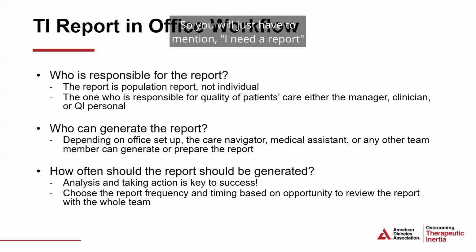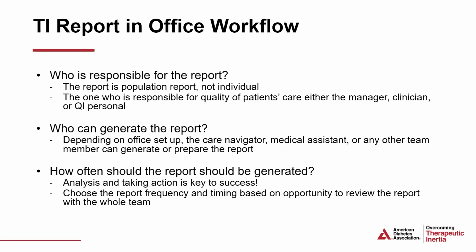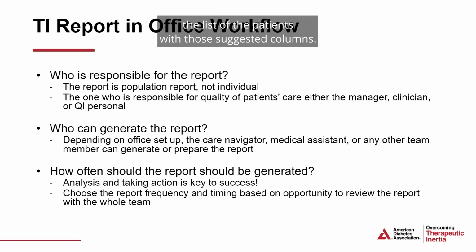You will just have to mention, I need a report, maybe you can get all those reports. Maybe I want a report with the list of the patients with those suggested columns. That list is all the patients we are taking care of who have diabetes, or maybe all those people with diabetes but with A1C above whatever target.